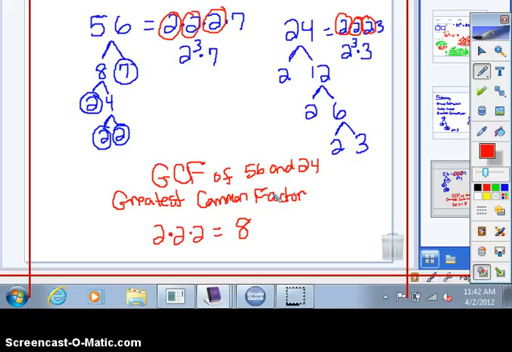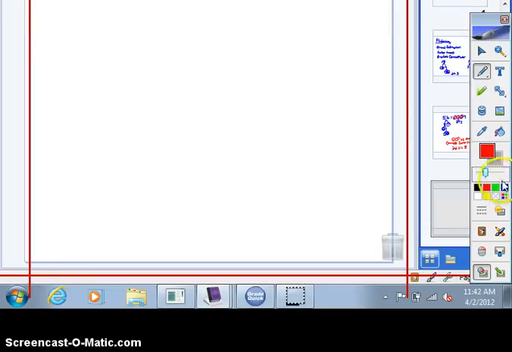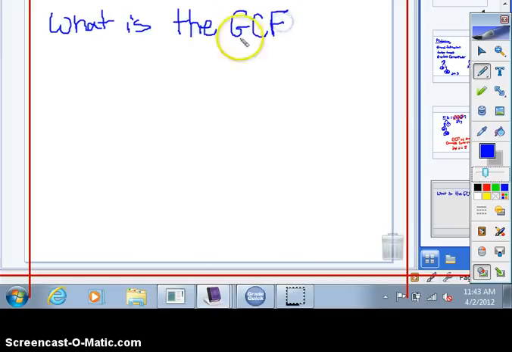That's what common factor means. So I can ask you to find the greatest common factor. What is the GCF of 45 and 81?